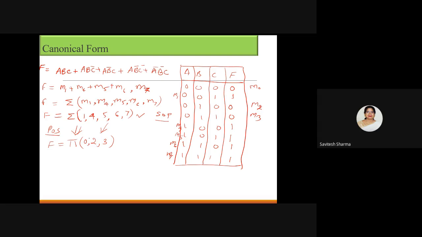Any missing number, you just fill it for the POS, and then you can directly write max terms. Then directly we get the product of sums. If I want to write the POS form, directly I will see M0, M2, M3. So you see the beauty that directly I can get both forms.